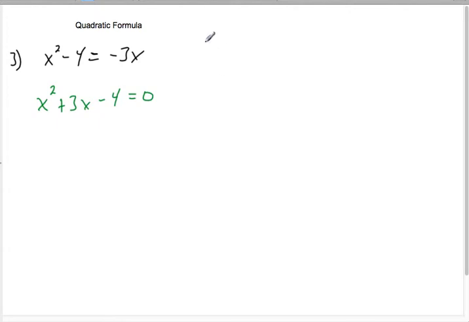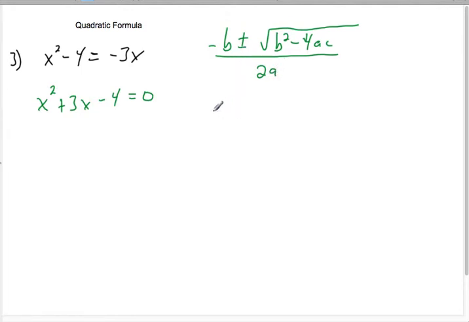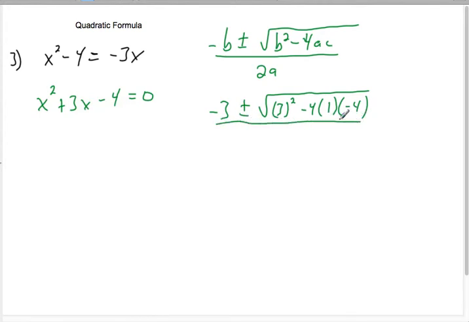So we have negative b plus or minus square root of b squared minus 4ac all over 2a. So negative b is going to be negative 3 plus or minus square root of 3 squared minus 4 times 1 times negative 4 all over 2a, which is going to be 2 times 1.